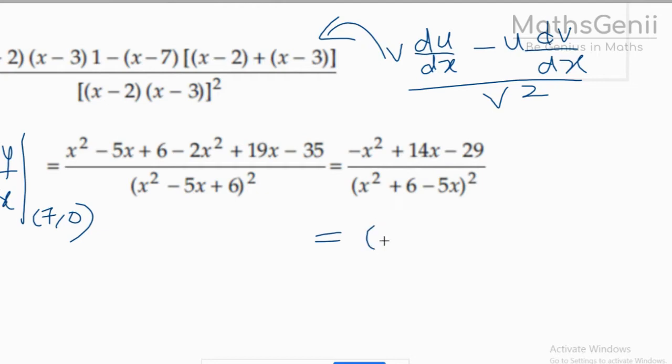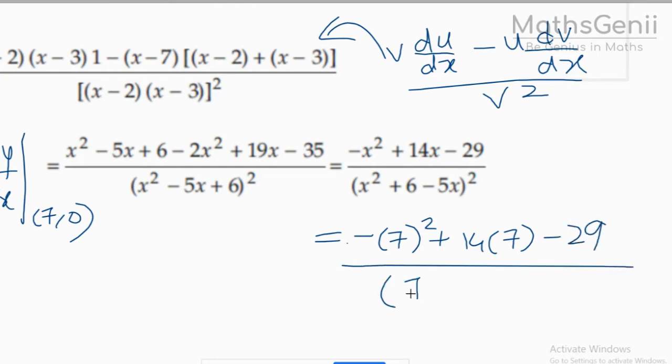So in place of x you have 7, and be careful, the minus sign is outside the bracket. So 7 square, 14 into 7 minus 29, upon 7 square plus 6 minus 5 into 7, the whole square.